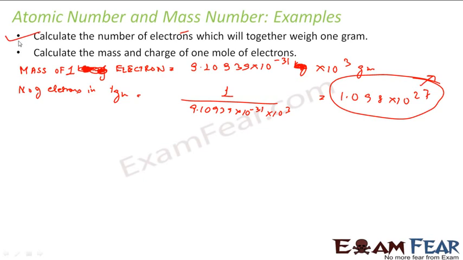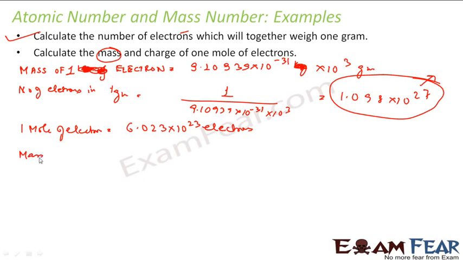Now to calculate the mass and charge of 1 mole of electron. So I know that 1 mole of electron means what? 6.023 into 10 to the power 23 electrons. This is 1 mole. We have learned this in class 10. So I have to find the mass of 1 mole.